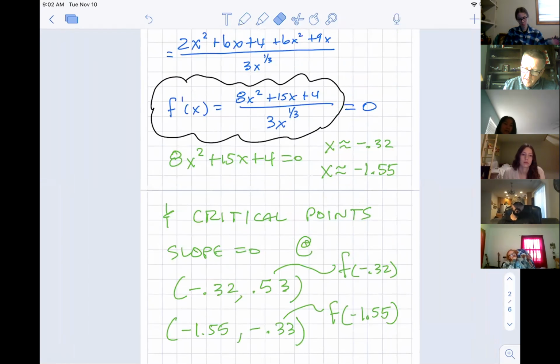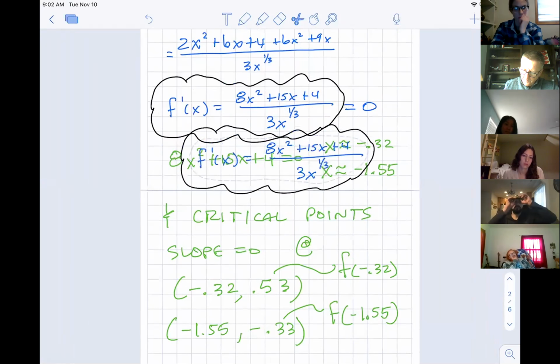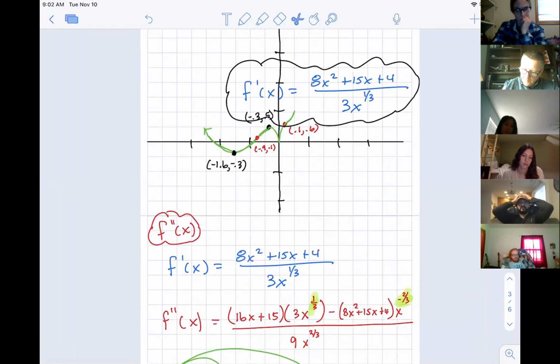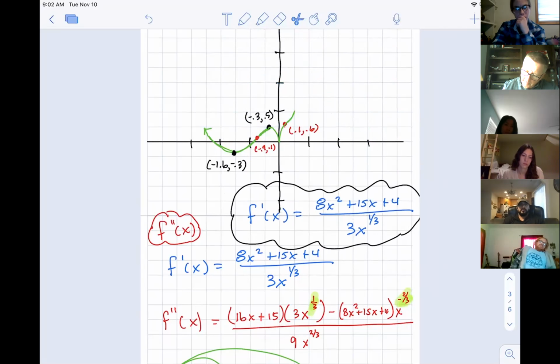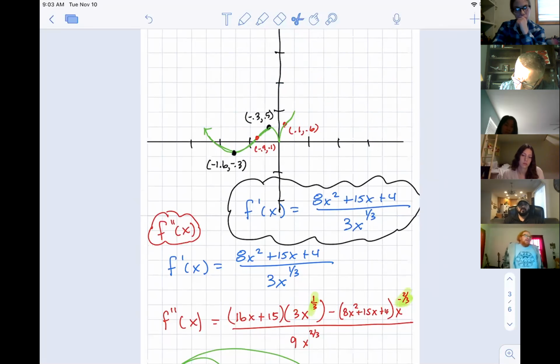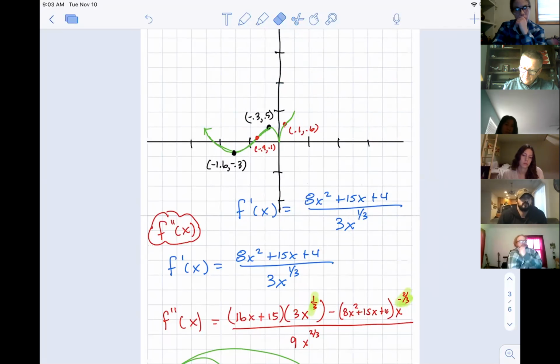How could we have known that by looking at this expression right here? Let's put it right there. How could we have known that something weird was going on right there from this statement?